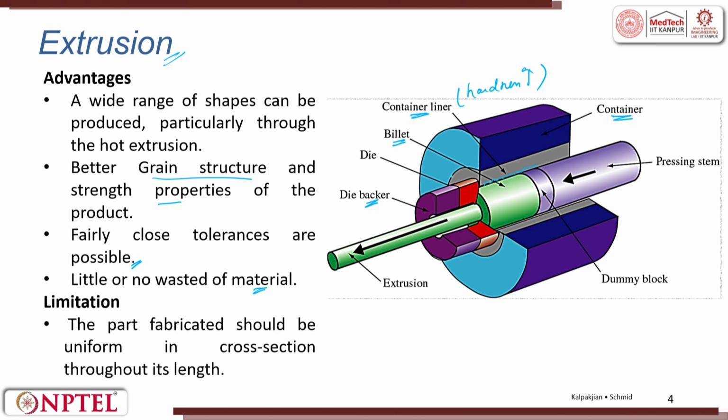So, it makes sure that it retains the same cross section for a longer time. Once it exits for maybe a few inches, the shape will not change. The limitation is that the part fabricated should be uniform in cross section throughout the length. If you want any variation, like in forging, it is not possible.